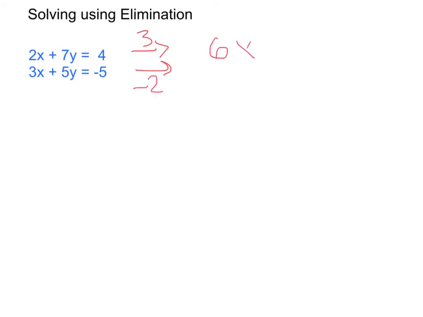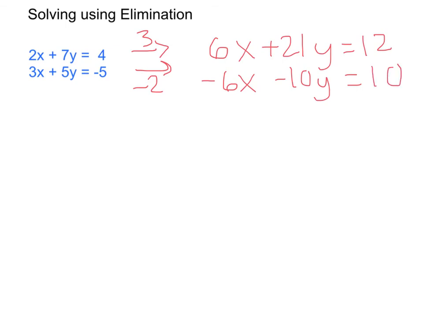So we're going to end up with 6x plus 21y equals 12, and negative 6x minus 10y equals positive 10. Again, multiply everything in the first equation by 3 and everything in the second equation by negative 2.